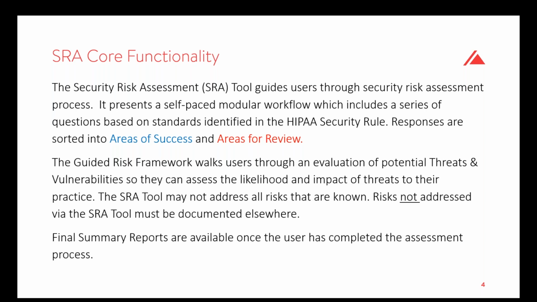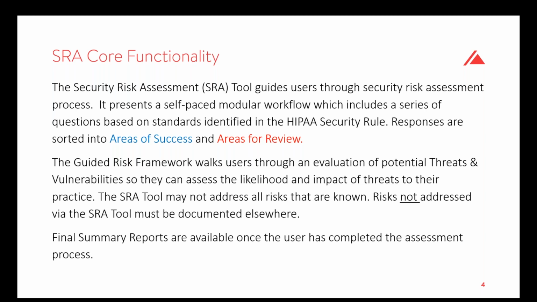So what does the SRA tool do? The HIPAA security rule requires healthcare providers, health plans, and business associates to conduct a risk analysis and implement technical, physical, and administrative safeguards to protect EPHI. The SRA tool assists organizations in meeting their responsibility to protect EPHI. The tool guides users through an assessment based on the HIPAA security rule.